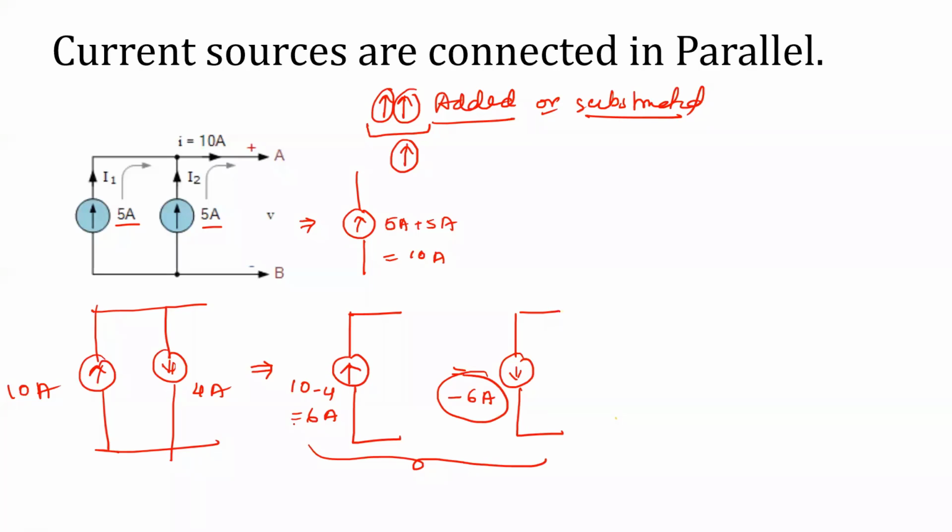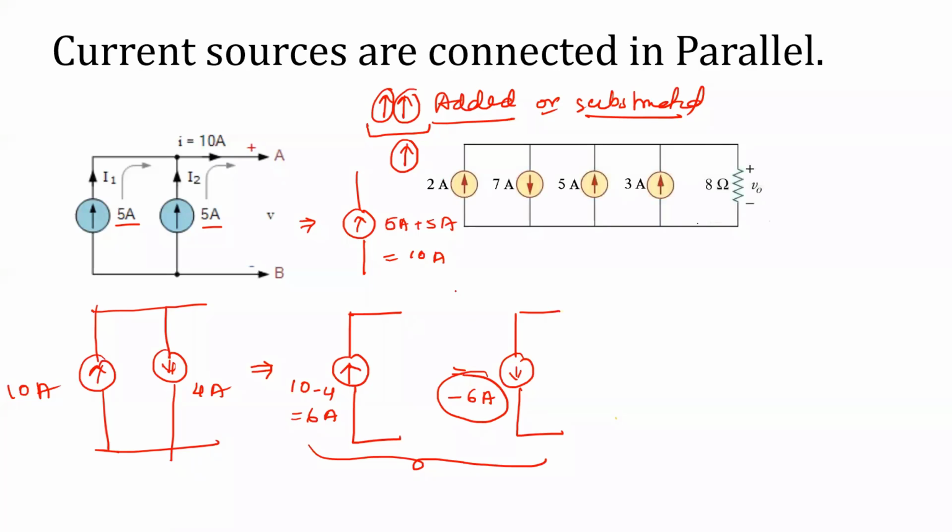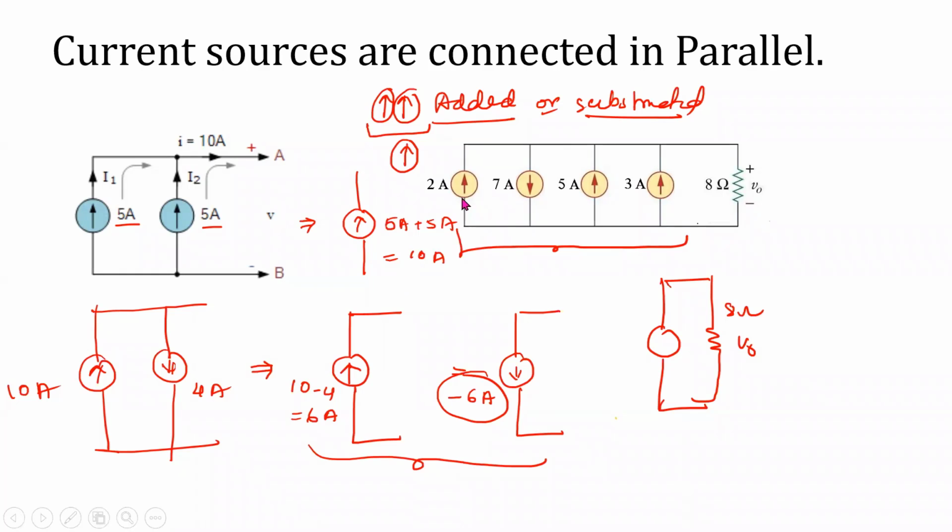All right. Next is, all these 4 current sources can be converted into a single current source. V out, it is 8 ohm. All these 4 current sources can be converted into a single current source, because all are connected in parallel. You can see here 2 amps, 5 amps, 3 amps.